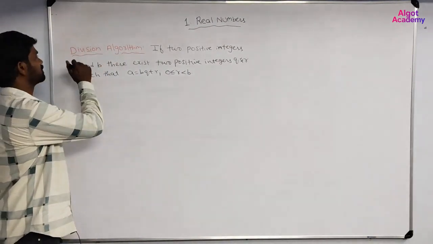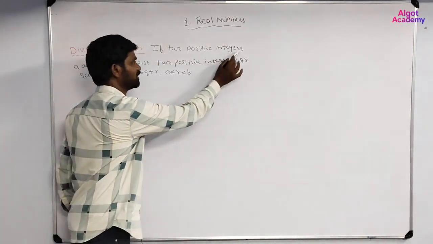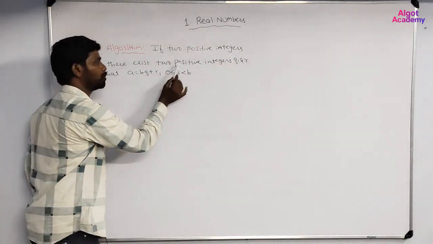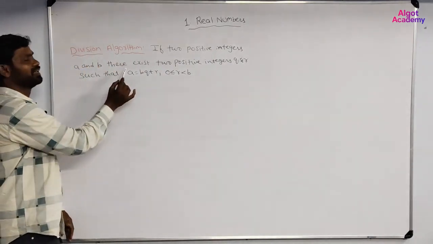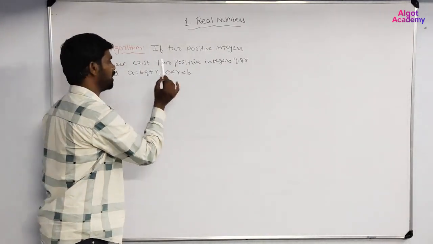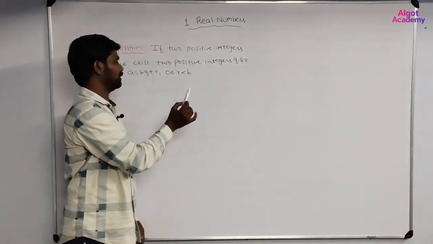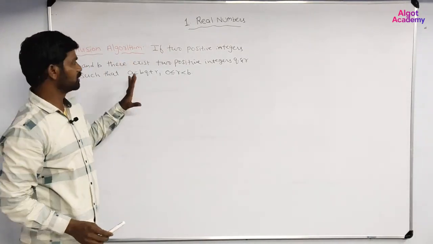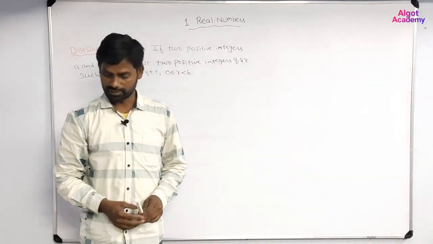I repeat once again: if two positive integers a and b are given, there exist two positive integers q and r such that a is equal to bq plus r, 0 is less than or equal to r less than b. So by using this concept, now we are going to solve the questions.